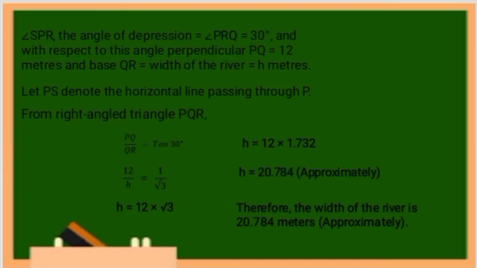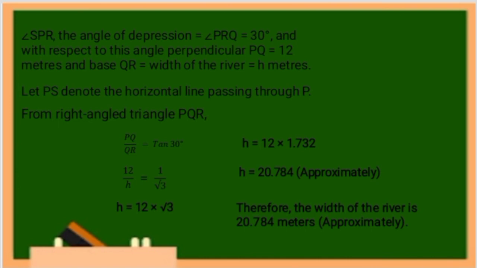Angle SPR, the angle of depression, is equal to 30 degrees. And with respect to this angle, perpendicular PQ is equal to 12 meters. And base QR, the width of the river, is equal to H meters, which is unknown. So let H be the width of the river.